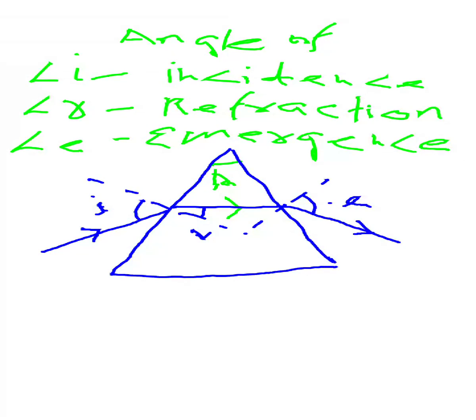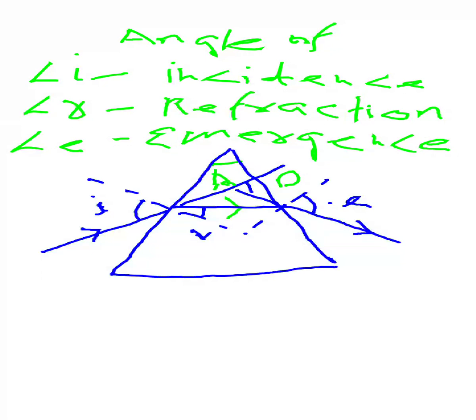So if I elongate this further and take it back, then this angle is called angle D. It is between the incident ray, which makes angle I with the perpendicular to that surface.